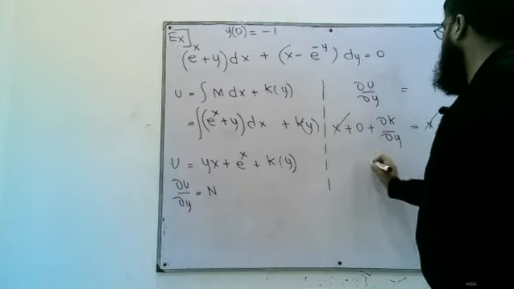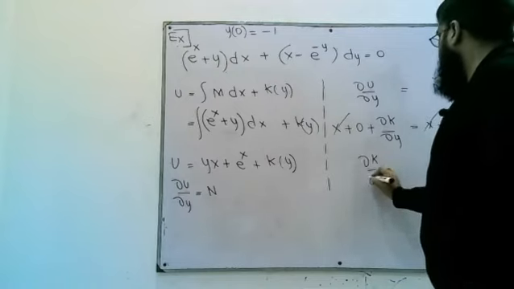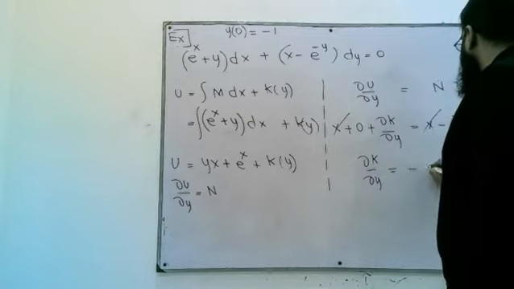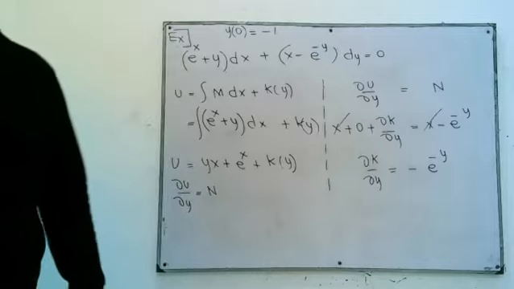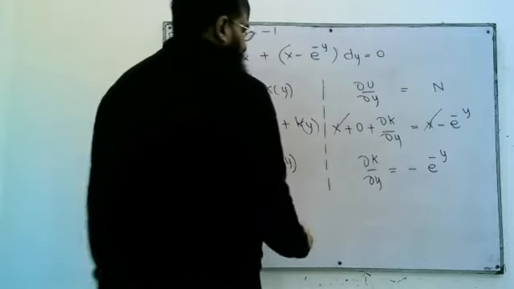So this x cancels with this x, and partial k over partial y comes out to be minus e to the minus y.